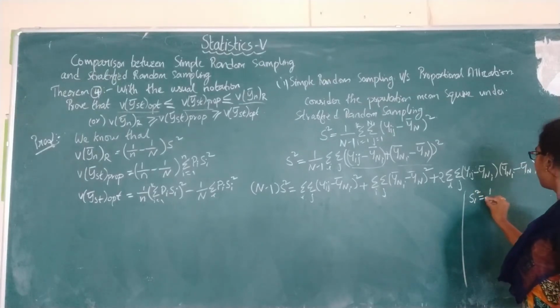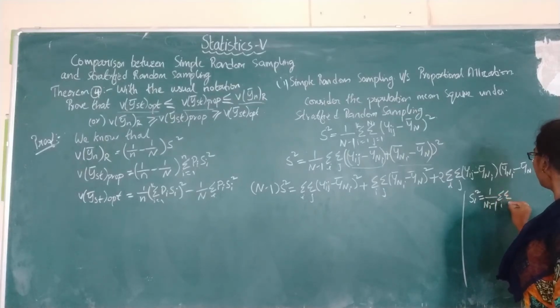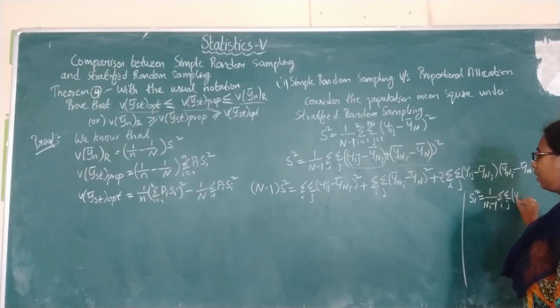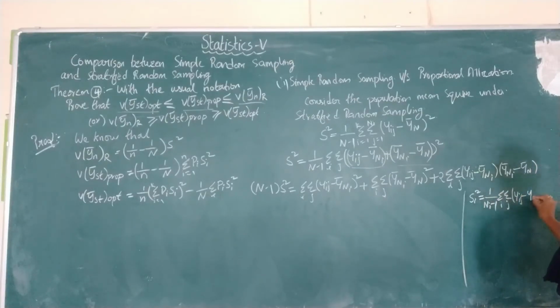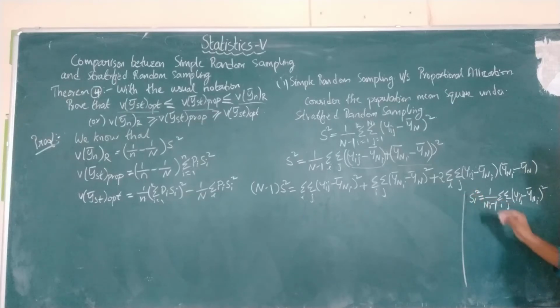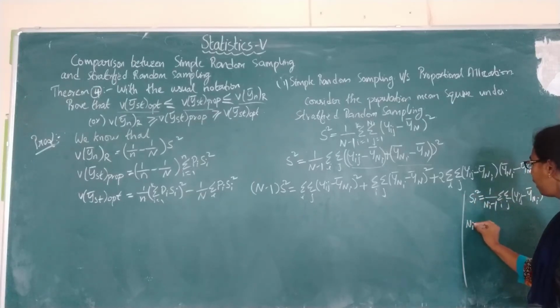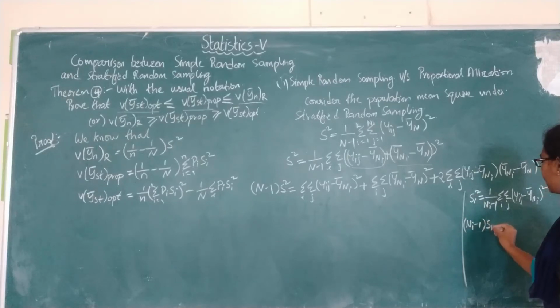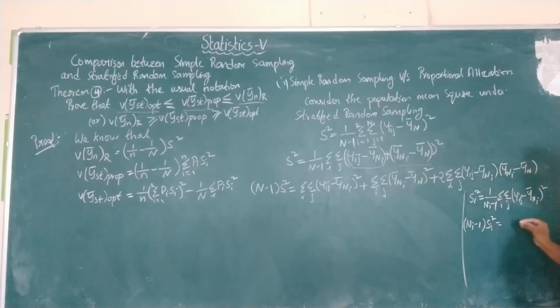So Si² equals 1/(ni − 1) double summation over i and j of (yij − Ȳi)². This is the formula for Si². Now set this ni − 1 to that side, you will get (ni − 1) Si² equals this term as it is, that is double summation over i and j of (yij − Ȳi)².